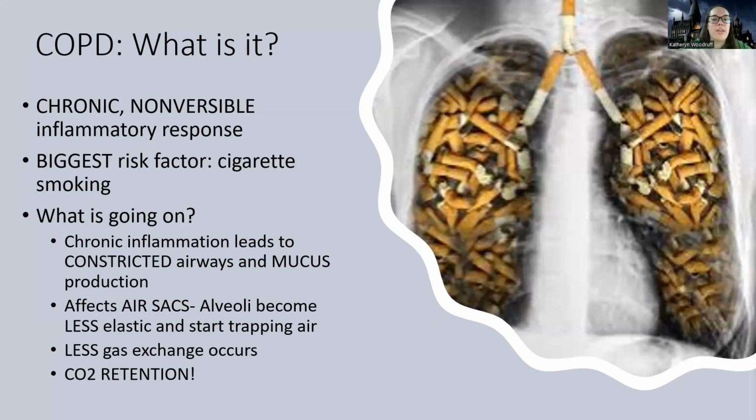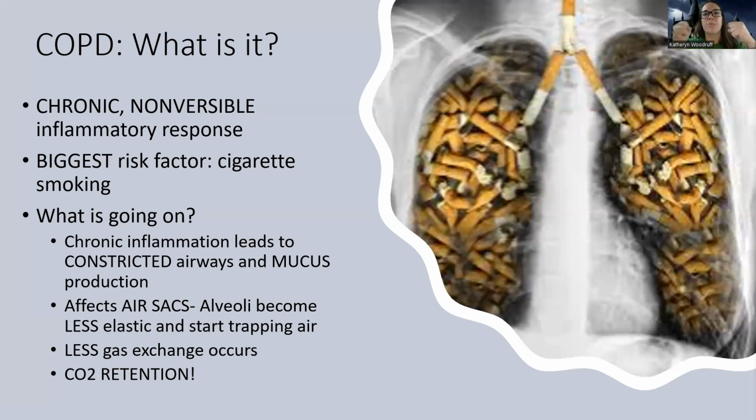So what's going on here is similar to asthma in that there is a constricted airway and mucus production, but the difference is that asthma is just a problem in the airways, whereas COPD goes all the way down into the air sacs. The air sacs get damaged from the inflammation, and they become less elastic or less stretchy.